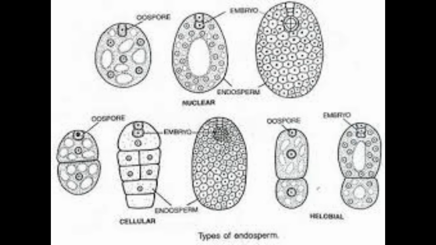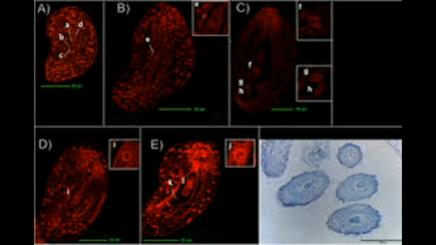The third one is helobial endosperm. During the development of this type of endosperm, the first division of the primary endosperm nucleus is followed by unequal cytokinesis so that two unequal sized cells are formed. Now, free nuclear divisions take place in each cell, and it becomes multinucleated.